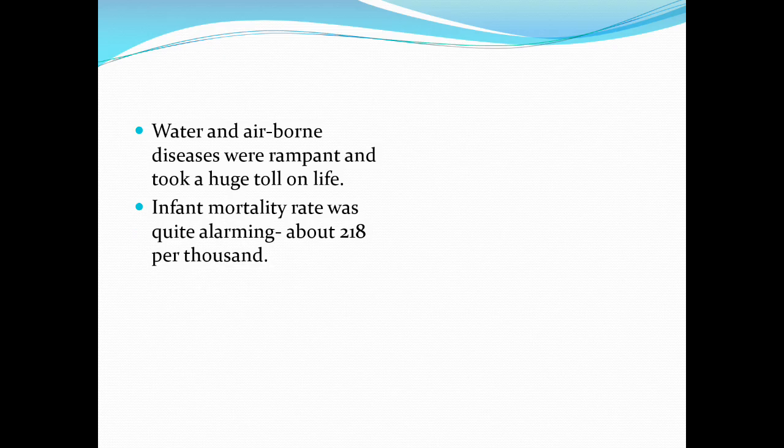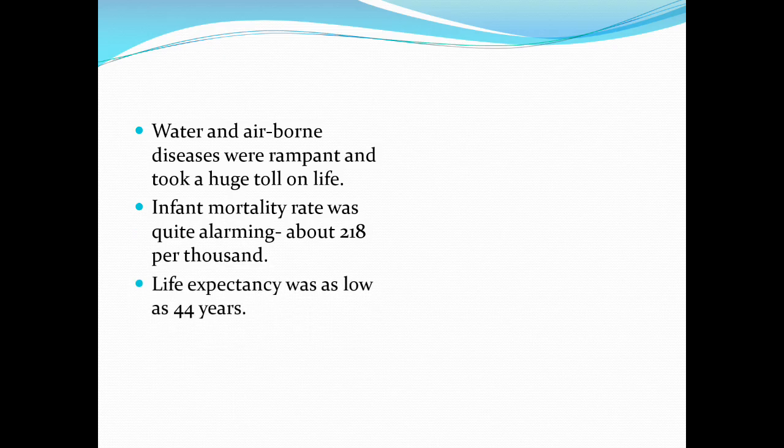Infant mortality rate was quite alarming, about 218 per thousand. So amongst 1000 births there were 218 deaths of infants. So you can imagine how poor it was, how unhygienic the situation was.